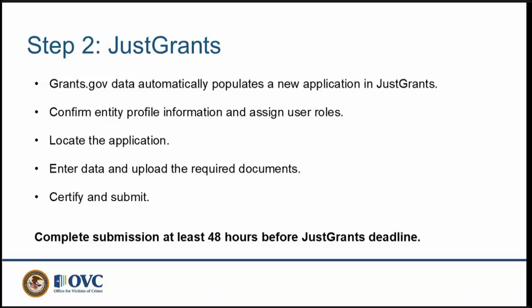After ensuring the application is complete and error-free, select the Submit button. The application will change to Submitted. Once the application is submitted, the application submitter, authorized representative, and entity administrator will receive a confirmation email.